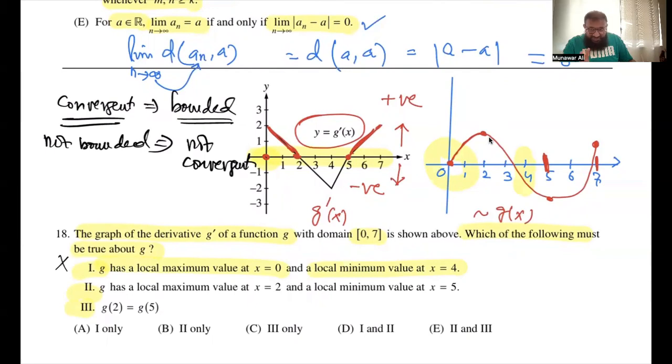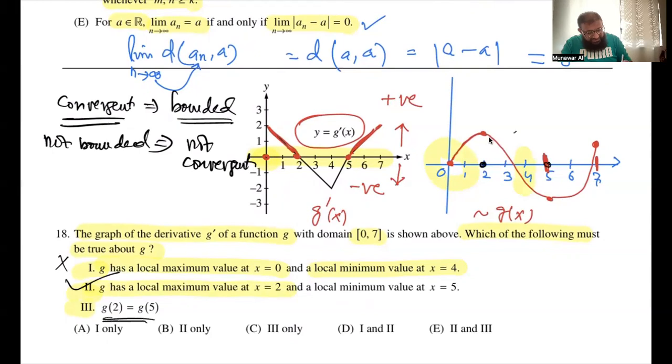Option 2: g has a local maximum at x equals 2, you can see, this is a local maximum. And a local minimum at 5. This is 5, a local minimum at 5. Statement 2 is true. Statement 3 says g of 2 and g of 5 are the same.